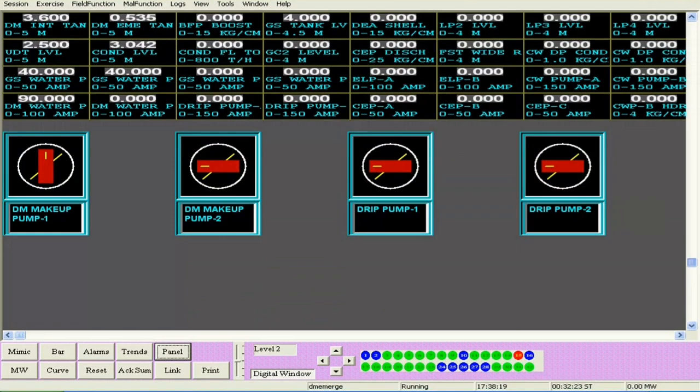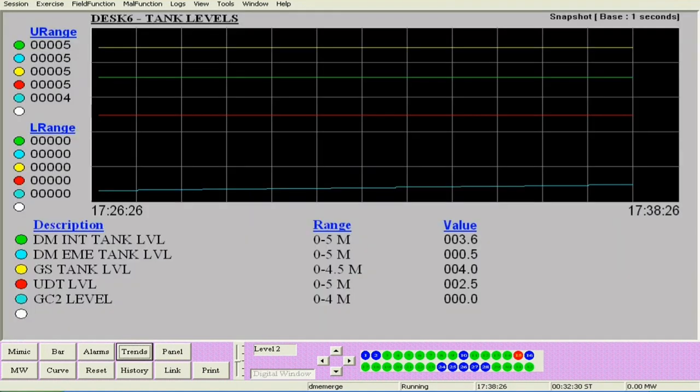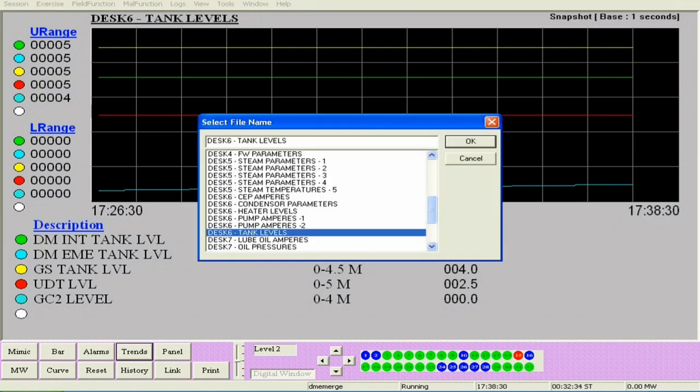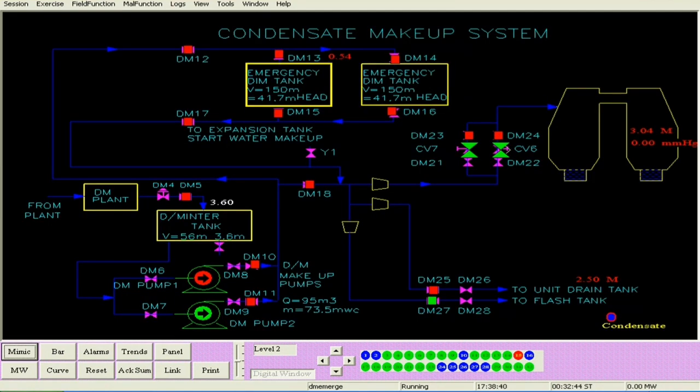Herein you can see on the desk also the levels are being displayed, and on the trend page also you are able to see all the levels. In our next part we will be discussing the controlling of the condenser level as well as the controlling of the FST level.